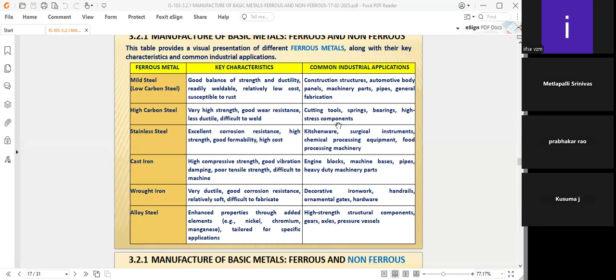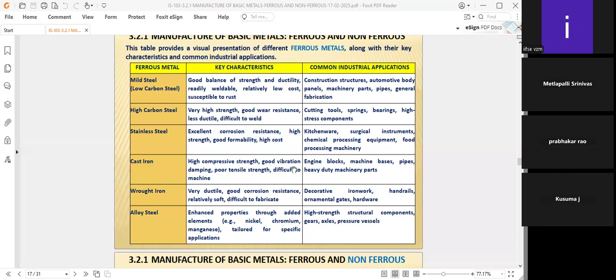It is used for cutting tools, springs, bearings and high stress components. Stainless steel has excellent corrosion resistance, high strength, good formability and high cost, with applications in kitchenware, surgical instruments, chemical processing equipment and food processing equipment.